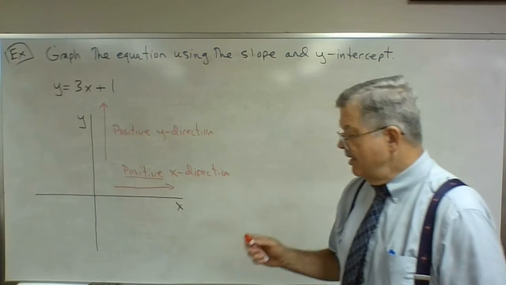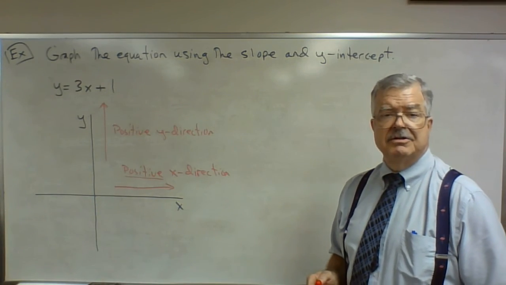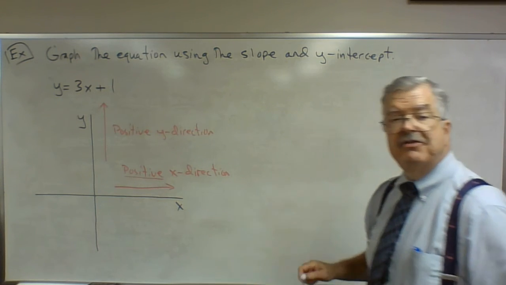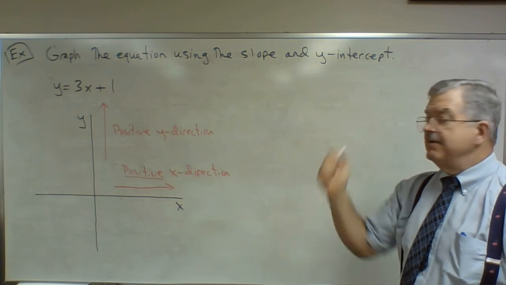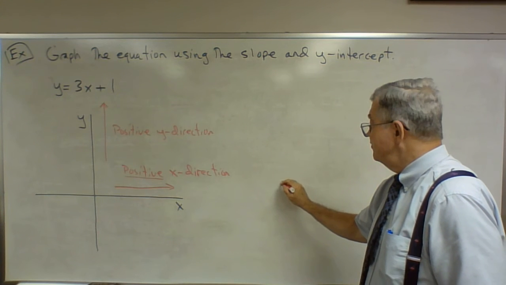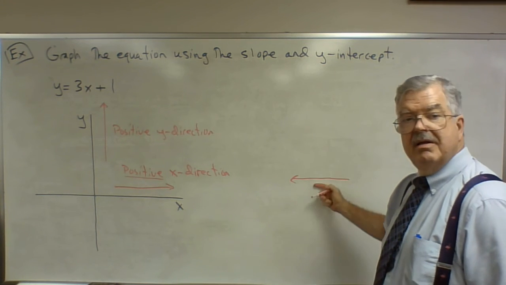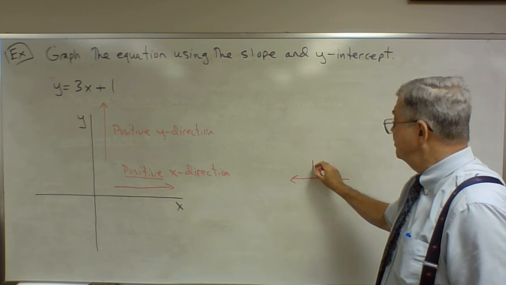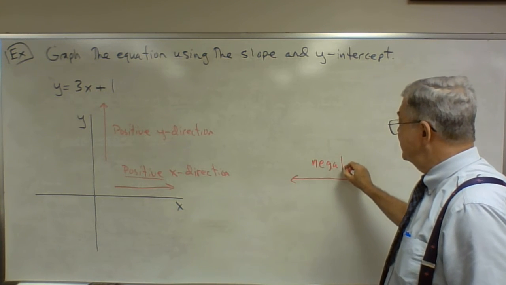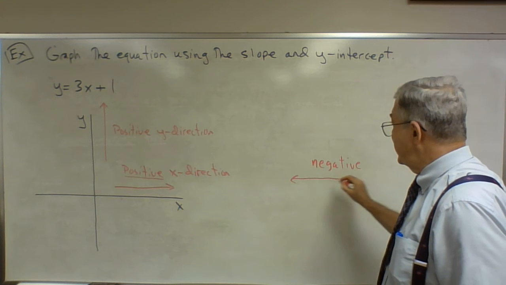Okay. Well, what happens if instead of moving from left to right, I move from right to left? This is the negative x direction.